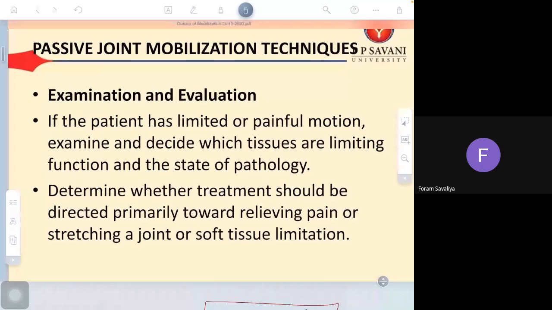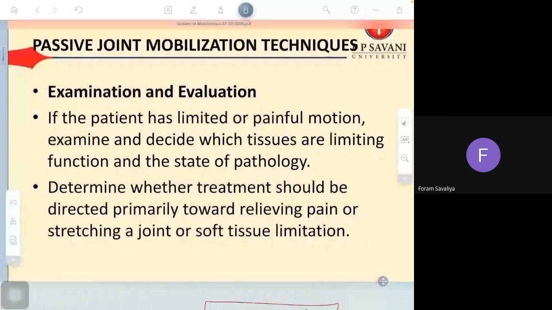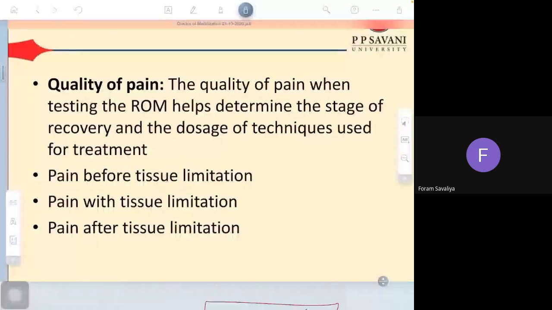If the patient is having pain, and because of pain the range of motion is limited, listen carefully. If the patient is having pain in the joint, and because of pain the joint range of motion is limited, the next step is you have to find what is the quality of pain.